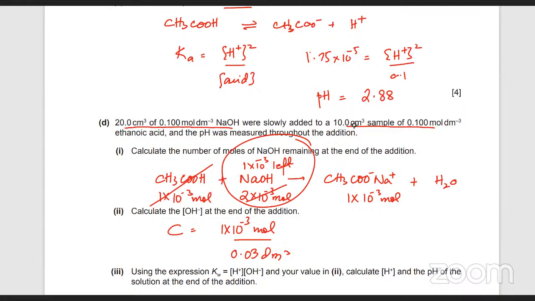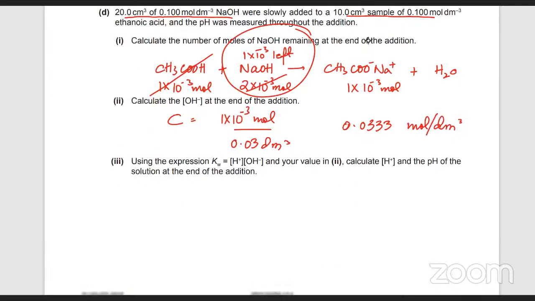Okay, I guess we divide by. अच्छा 0.0. मोल पर डीएम क्यूब. फिर कह रहे कि पीएच निकालो. और ये एक्सप्रेशन KW क्या होता है? That's 1 times 10 power minus 14. H plus 1, you don't know what H plus 1 is. OH minus 1 का पता है, that's 0.0333.